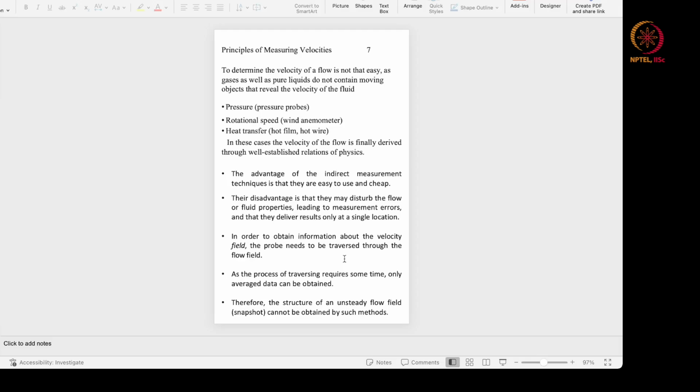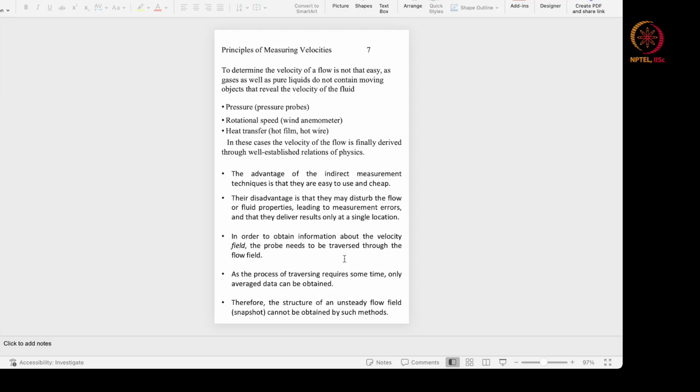In these cases, the velocity of the flow is finally derived from well-established physics relationships. For example, in pressure probes, we use Bernoulli's equation. In the case of heat transfer, which is hot film or hot wire anemometry, we use the heat transfer relationship, where the flow velocity is embedded in the calculation.